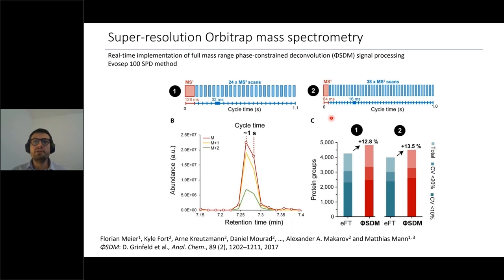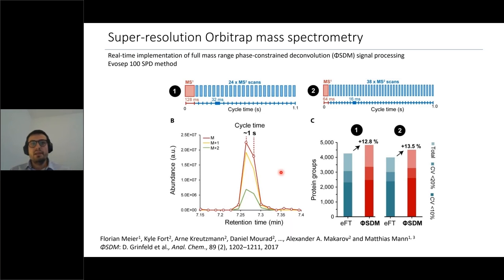What this means for our DIA method is that we can still have rather fast DIA cycles with many windows, but now in a time that is short enough to also sample very narrow peaks sufficiently, for instance here just a few seconds wide with a cycle time of about 1 second.